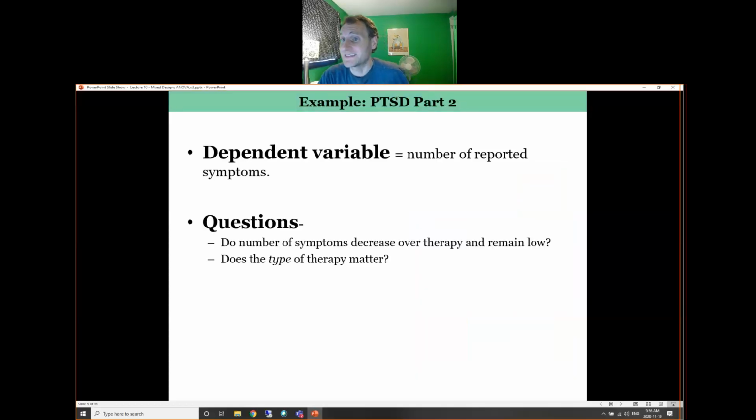So I think it's easiest to dive right into an example, and for this one, we'll return to our PTSD example from the other lecture. So recall that our dependent variable was the number of reported PTSD symptoms that a patient experienced. But this time we're looking at not just whether the symptoms are changing over time, but whether the symptoms are changing over time as a function of the type of therapy that the person receives.